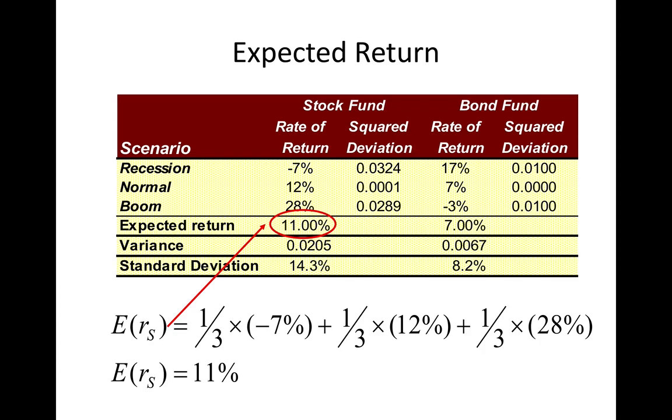So this investment has an average, or expected, return of 11% and a standard deviation of 14.3%. Applying the same principle of the weighted average, we have the expected return on the bond fund at 7% with a standard deviation of 8.2%.